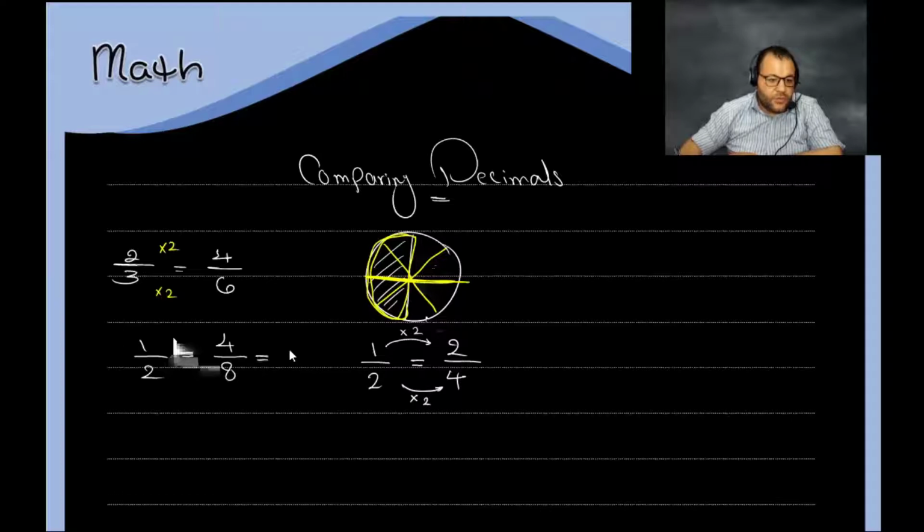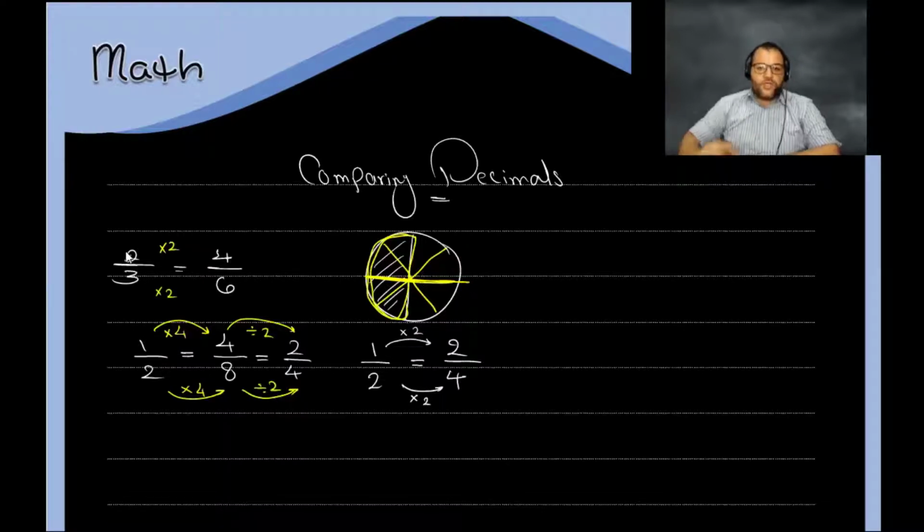So 1 times 4 equals 4, and 2 times 4 equals 8. That's not only for multiplying, it could be for division. 4 divided by 2 equals 2, and 8 divided by 2 equals 4. So if you multiply or divide the fraction by the same number, the value of the fraction will be the same.